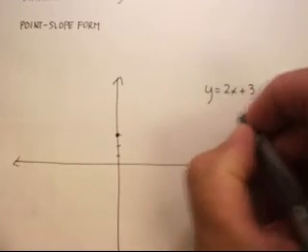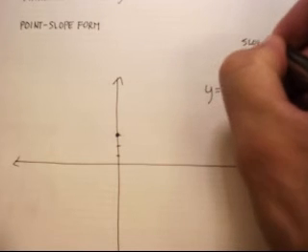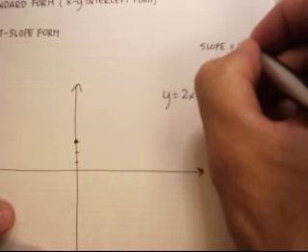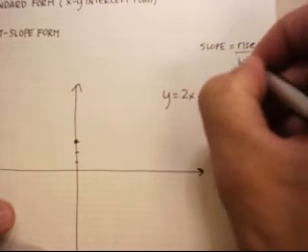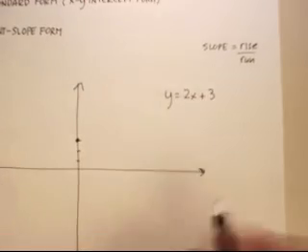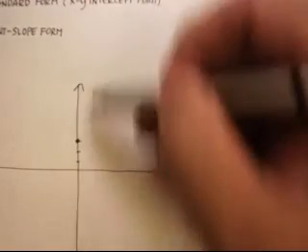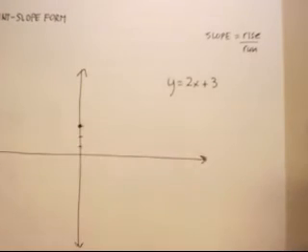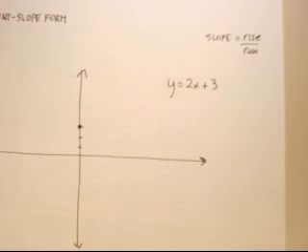And the other way of looking at a slope is what I call rise over run. Okay? Rise over run. The rise is the up and down version. Okay? So rising up or rising down, if you want, if it's a negative number. The run is the back and forth, or along the x-axis.